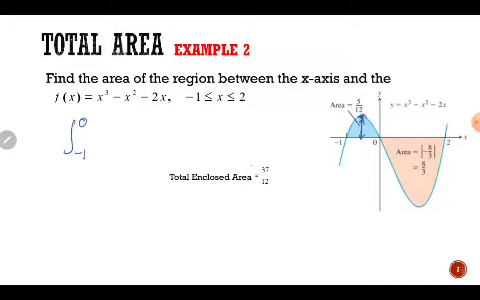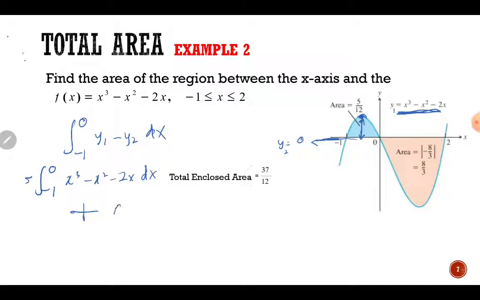Line yang atas, the area is y equals to x cube minus x square minus 2x. Yang ni adalah kosong, y sama dengan kosong kan. So saya kata y1, y2. So y1 minus y2 dx. So you gonna get negatif 1 ke kosong, x cube minus x square minus 2x dx.